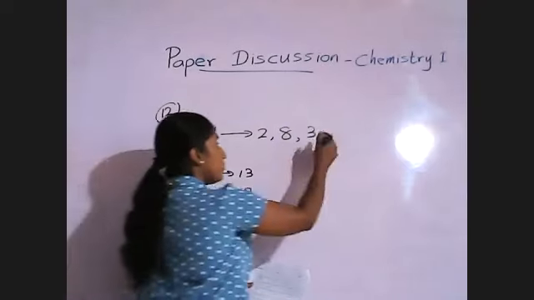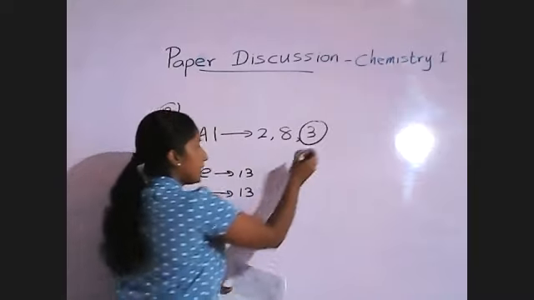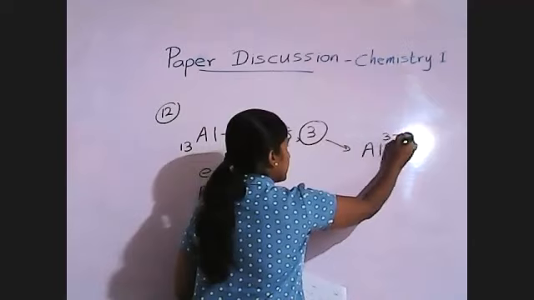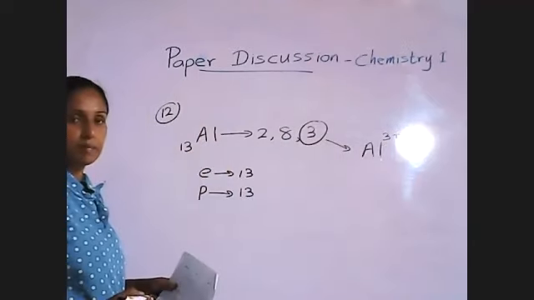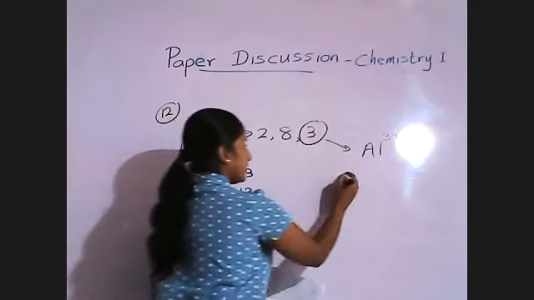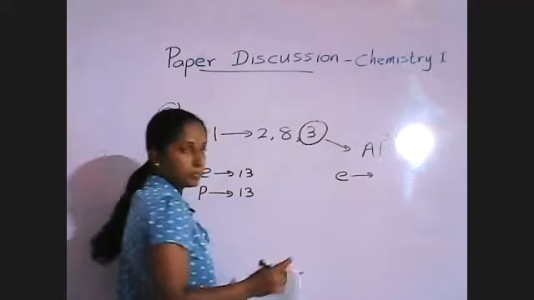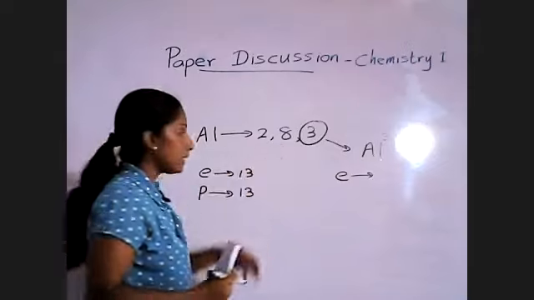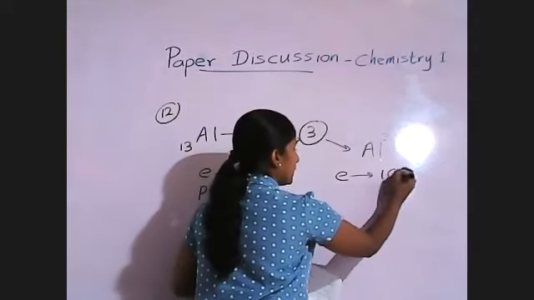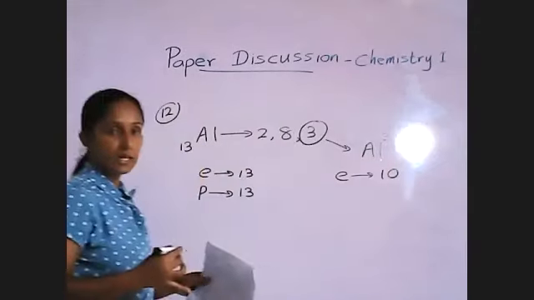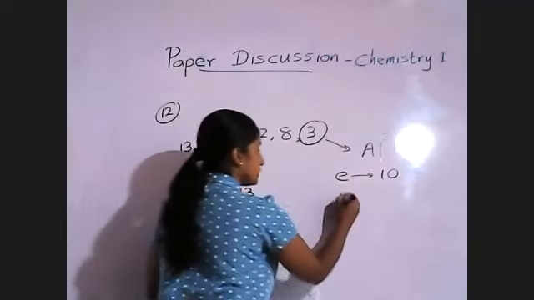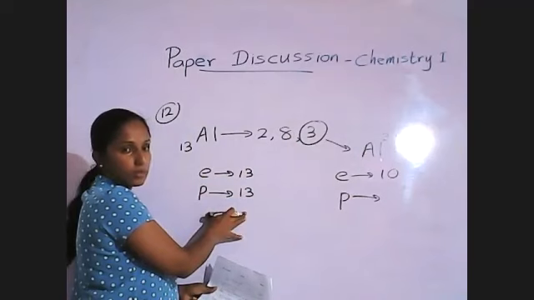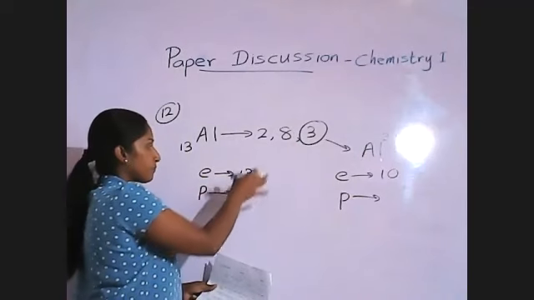Then after removing these 3 electrons, it forms the Al3 plus ion. Now how many electrons, Puti? After removing these 3, now there are only 10 electrons in Al3 plus ion. How many protons are there? Is there a change in the number of protons? No. You have to remember.